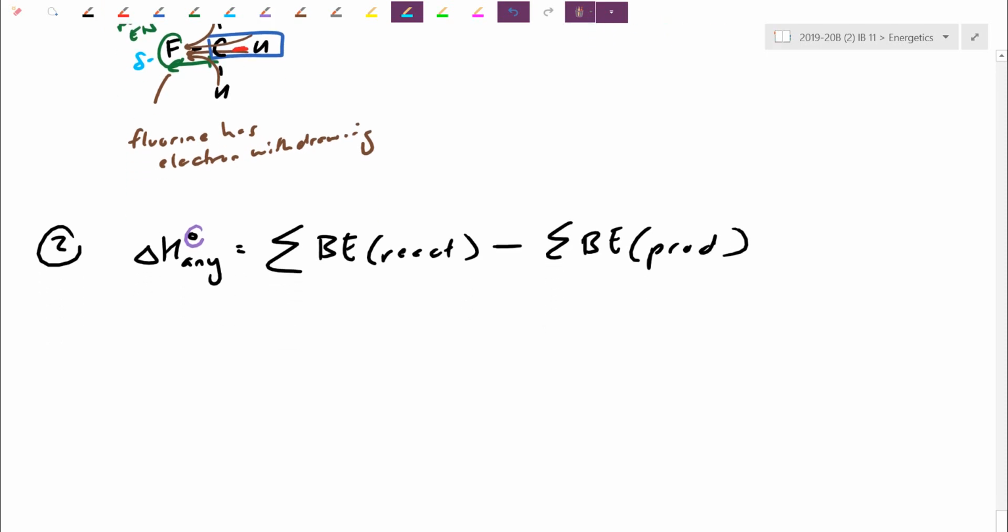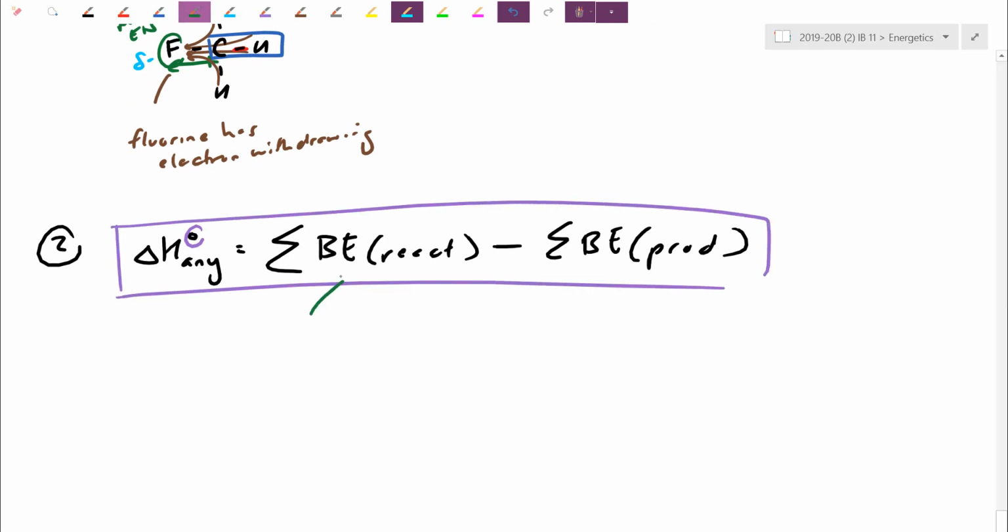What you can think about how this formula works is that it's trying to figure out the energy used to break the bonds on the reactant side. The reason why I sum up is that it's possible I may have a compound that has many bonds. It's possible I can have many different reacting species. I want to add up all the energy I'm putting in to rip apart bonds.